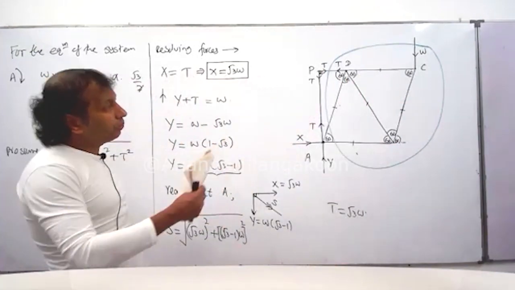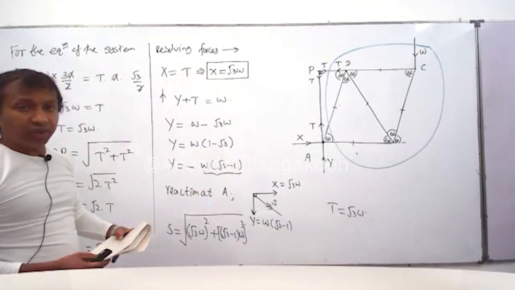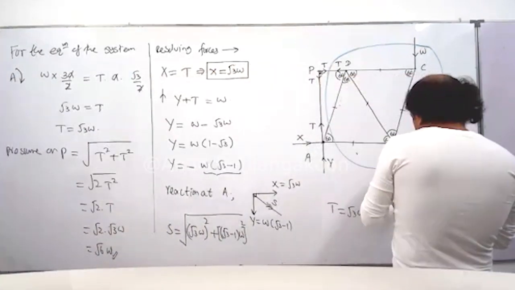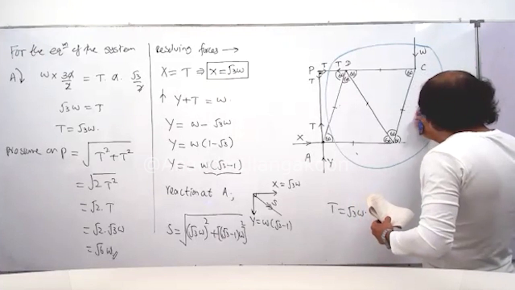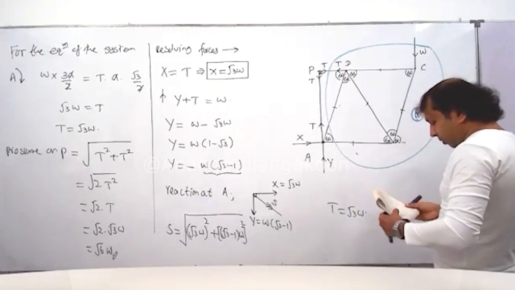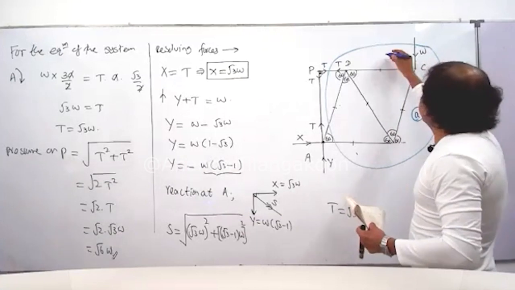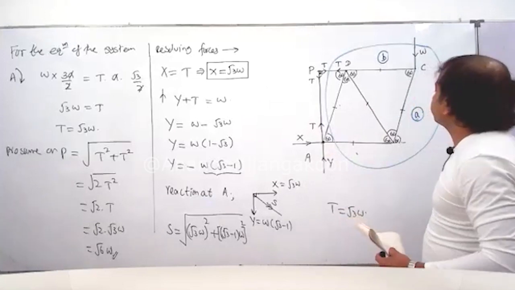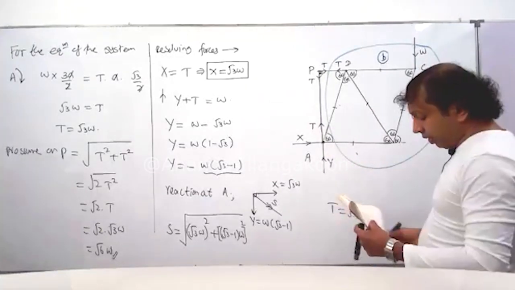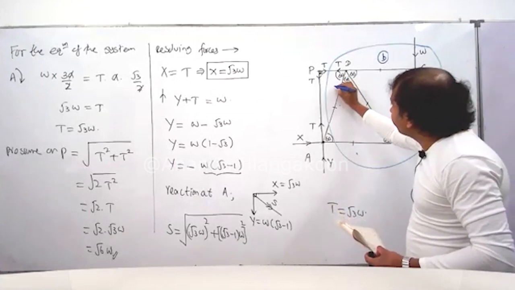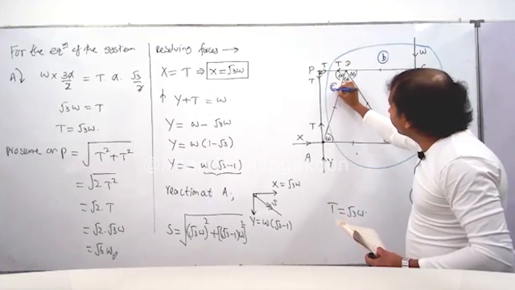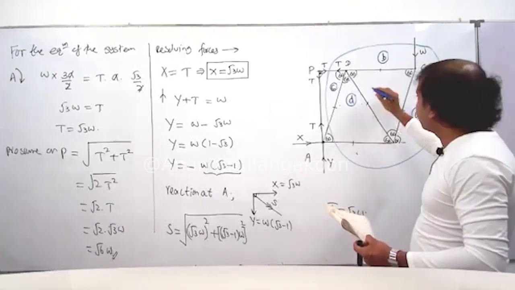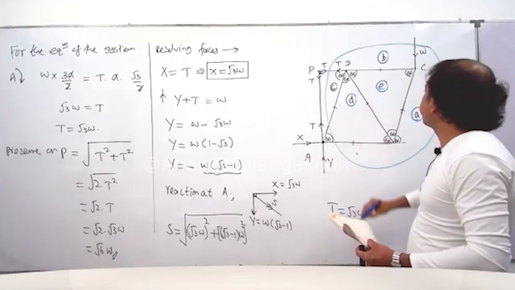Let's see how to draw the stress diagram for this one. First, we'll mark the regions. This region is A, this region I take as B, this one I take as C, and this one I take as D.